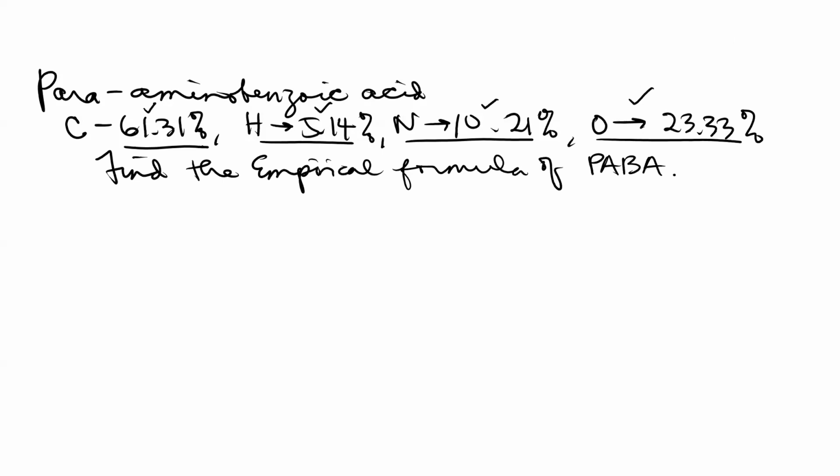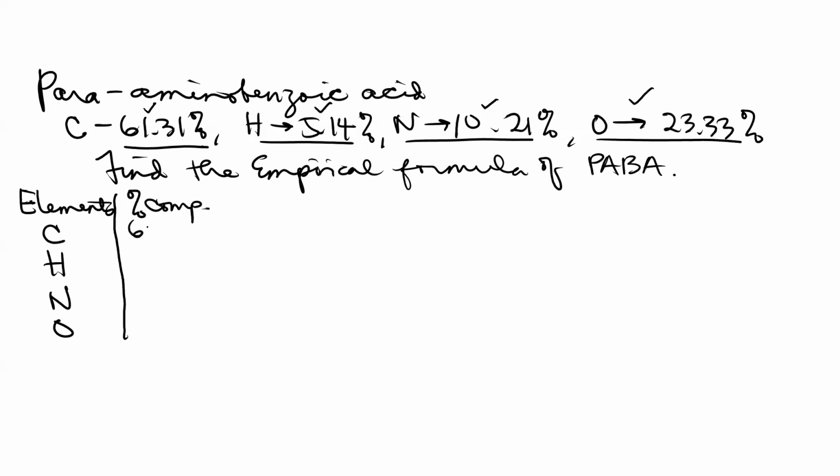The first thing that we need to do is, like before, we first construct a table. Okay, so we put the elements on the first column. So we have carbon, hydrogen, nitrogen, oxygen, right? And we place the given, the percent composition, right?